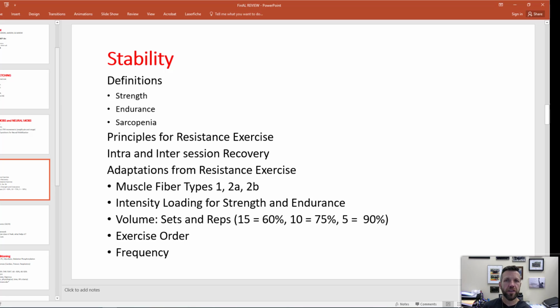But type 1 is slow twitch, it's endurance muscle fibers. Type 2 is fast twitch, and there are 2 types of that. We're not worried about you knowing that, but you need to know that type 1 is slow, type 2 is fast. And you also need to know that there's a mixture of each muscle fiber in every muscle that we know of.